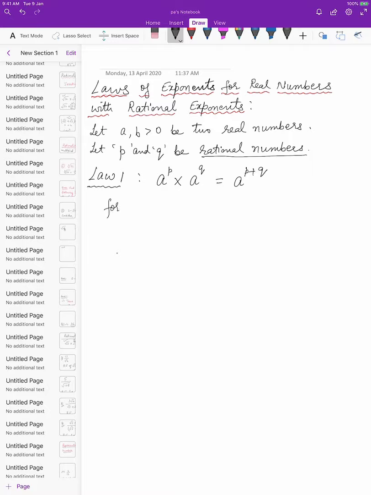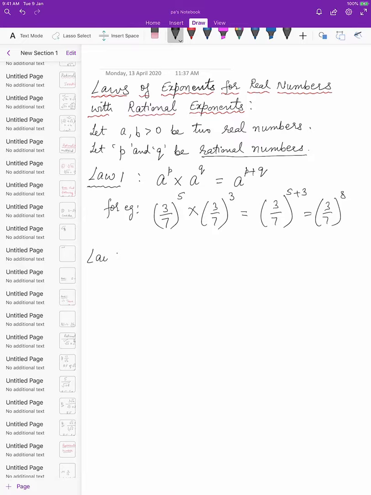Let's take a to be any real number, say 3 by 7 raised to the power 5 into 3 by 7 raised to the power 3. The answer will be 3 by 7 raised to the power 5 plus 3, which is equal to 3 by 7 raised to the power 8.